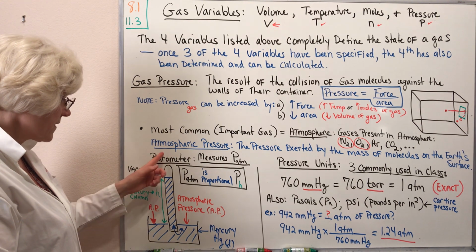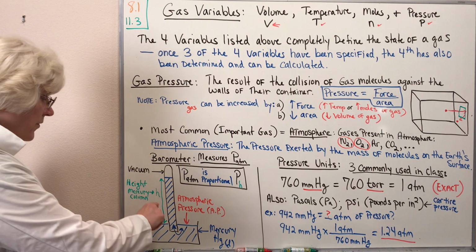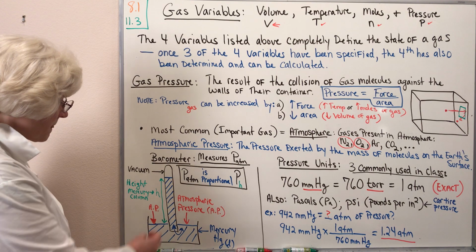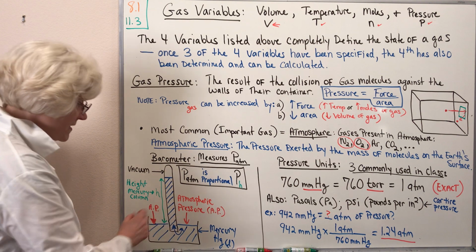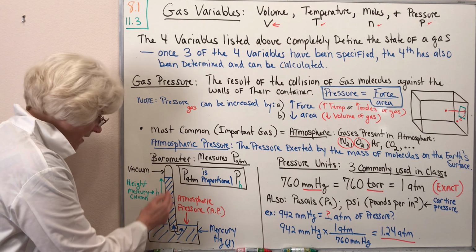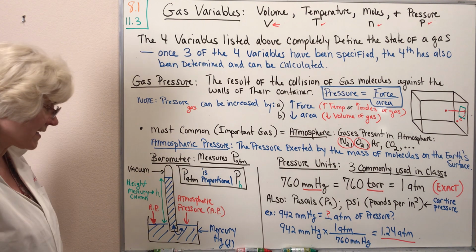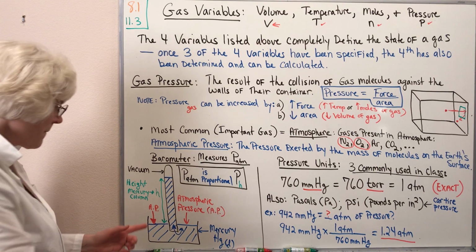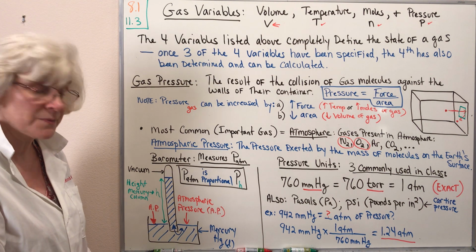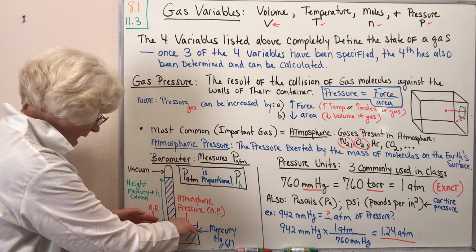If you fill the tube completely with mercury and then invert it into a dish of mercury, some of the mercury runs out of the tube that makes up the barometer, but most of the mercury remains inside the tube. It doesn't just completely run out.